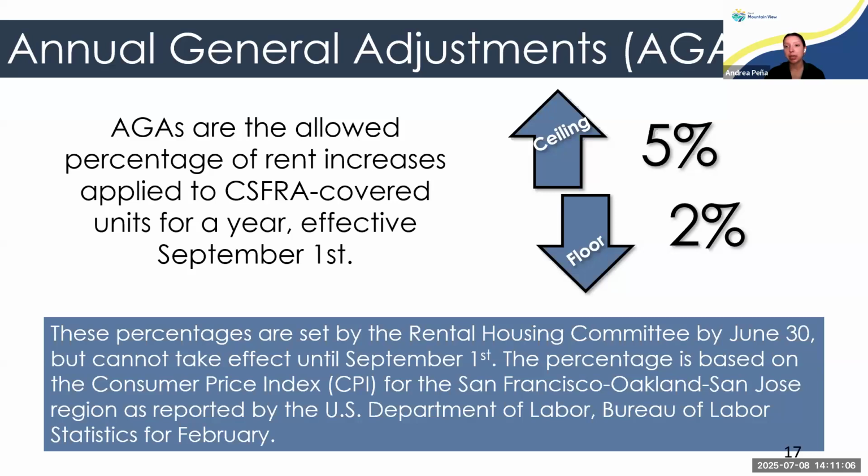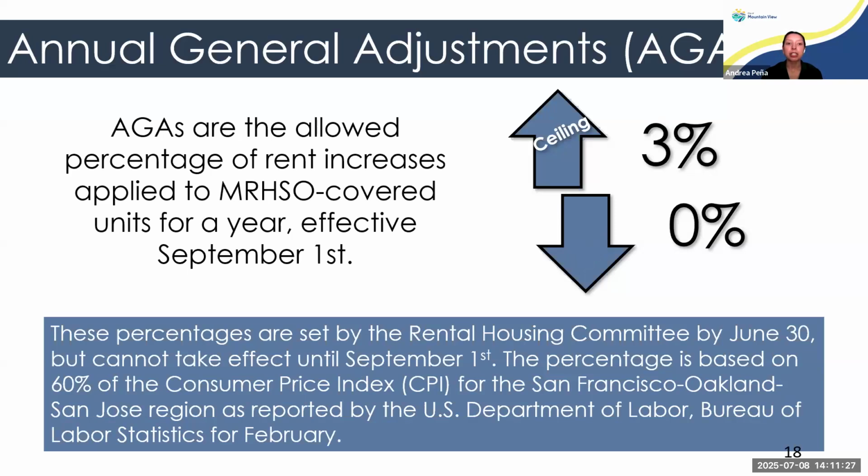So it goes from September 1st of one year to August 31st of the next year. And it's set by a 2% floor and a 5% ceiling based on the rate of inflation is what the Rental Housing Committee uses to set that each year.